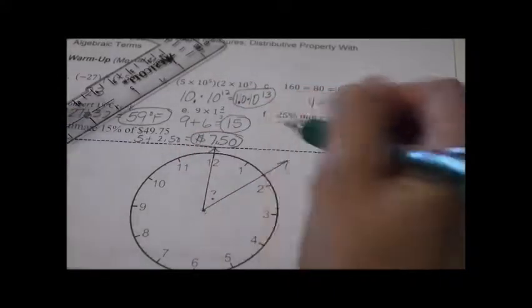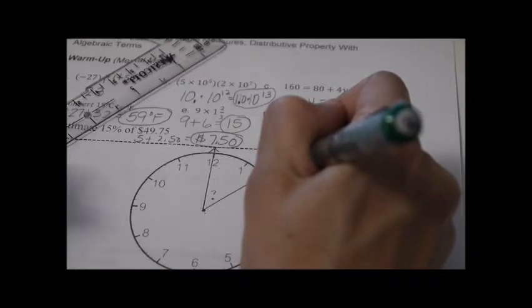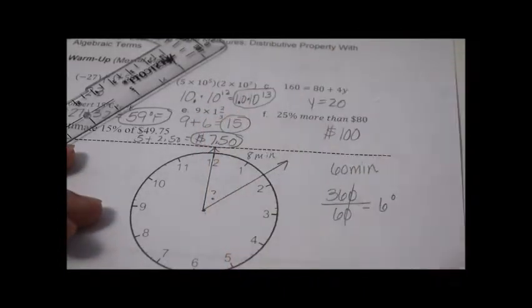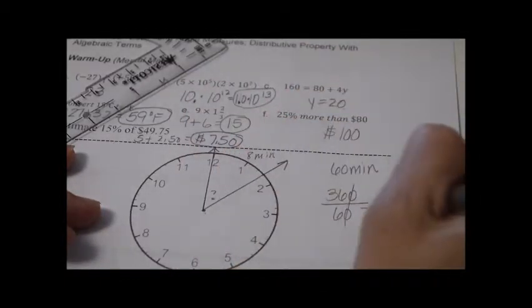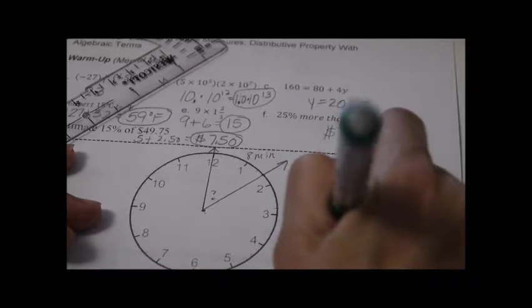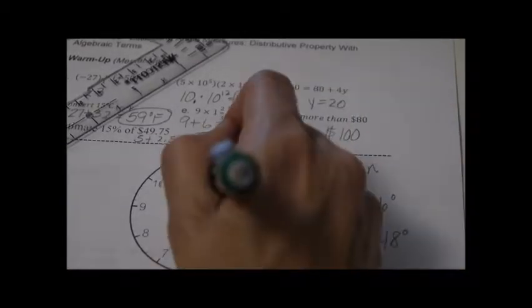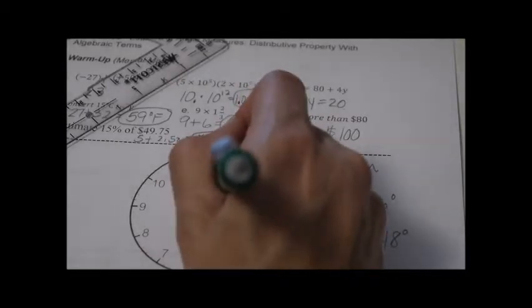So if we have 1, 2, 3, 4, 5, 6, 7, 8 minutes represented here, right? 8 minutes. How many degrees is that? Well, 1 minute is 6 degrees. So 8 times 6 degrees equals 48 degrees. So we just found out the angle measurement there is 48 degrees.